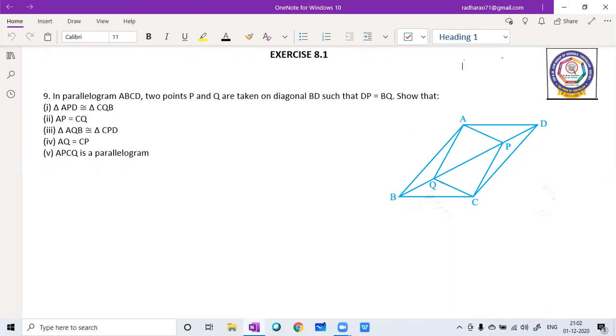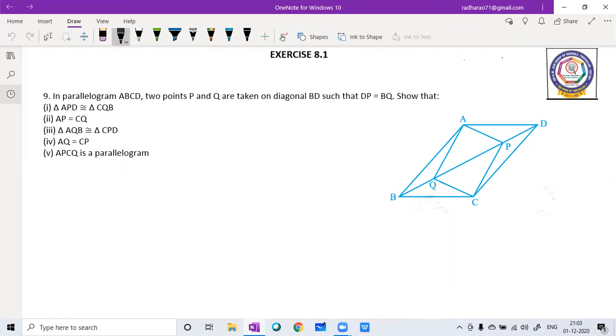Parallelogram ABCD is given, and P and Q are points taken on diagonal BD such that DP and BQ are equal.